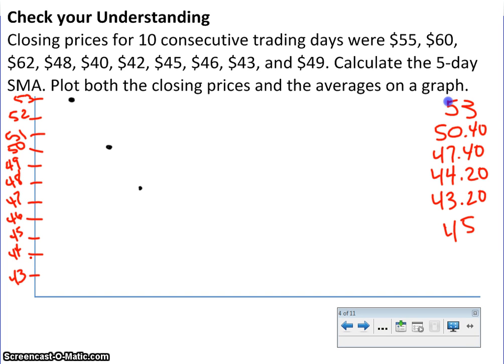Next day was 44.40, so we're looking way down here. 43.20, and then 45. And so the graph ends up looking a little bit like this when it smooths out.